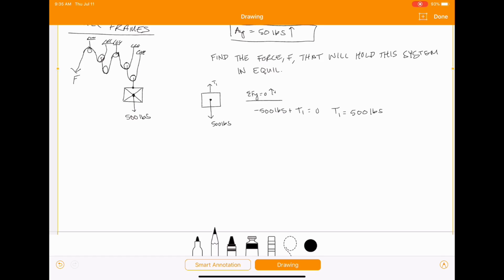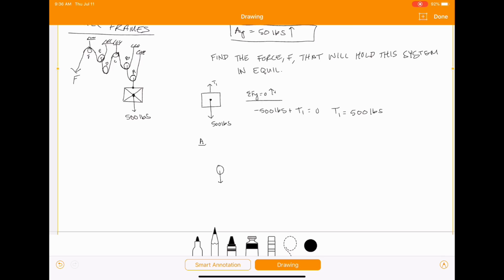So we're just going to do that pulley right above, which I can label these pulleys as A, B, C, D, E, F. So now we're going to do pulley A. So again, you draw that pulley. We know that the rope attached to the center of that pulley that's attached to the box is pulling down on that pulley.